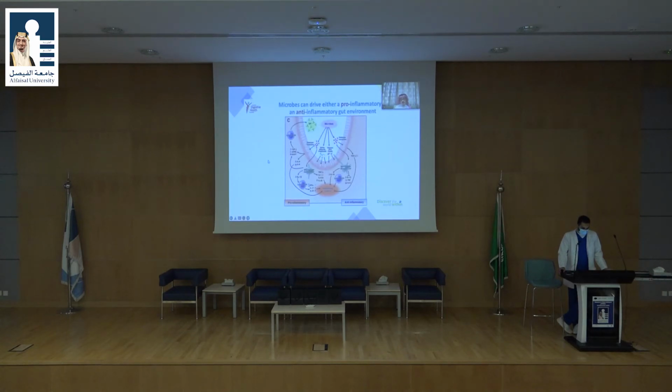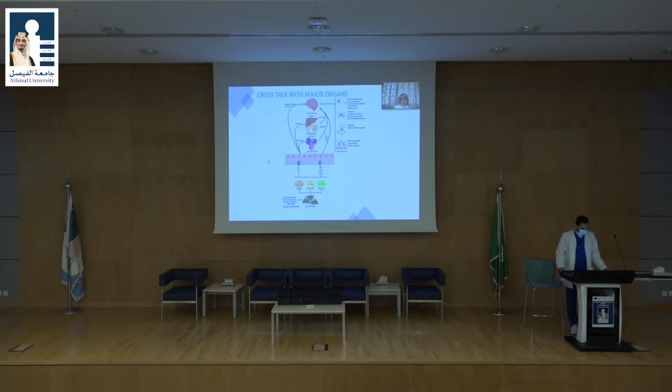These interactions can produce either pro-inflammatory products when it is disturbed, what we call dysbiosis, when there are changes in the human microbiome, or anti-inflammatory products when there is a completely healthy microbiome, causing the chronic diseases.